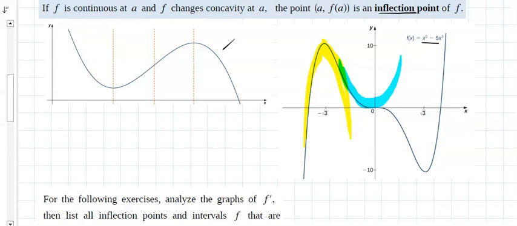And if this is a parabola, it should have looked like this. And if this is a parabola, it should look like this. So again, you're eyeballing, when do you switch from the yellow to the blue? It seems to be somewhere in there. That's an inflection point, because the yellow was concaving down, the blue is concaving up.